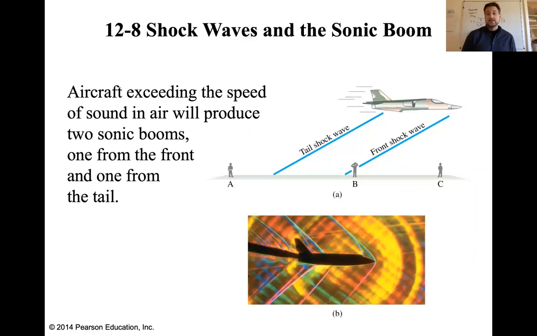For our purposes, most of the time when we're experiencing this phenomenon as humans, it's when a supersonic jet goes by, anything faster than the speed of sound, and we get these shock waves, these booms.